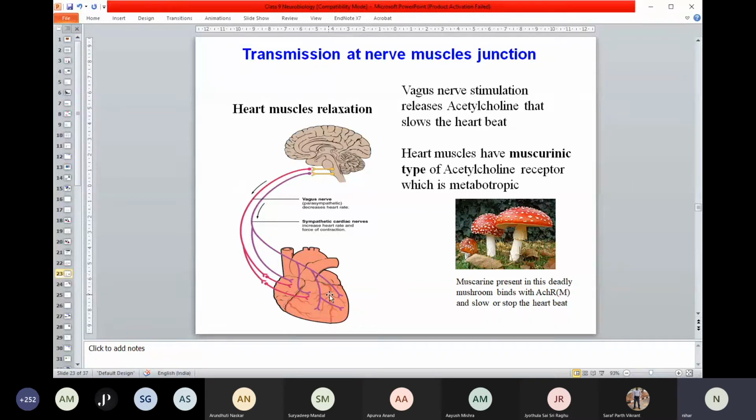That's because there are different types of receptors in the heart and in the skeletal muscle. In skeletal muscle, it was the nicotinic type of receptor, which is a channel. But in heart muscle, it is called the muscarinic type of receptor, and it is G-protein coupled. It's a completely different type of receptor. So it's muscarinic type and G-protein coupled.